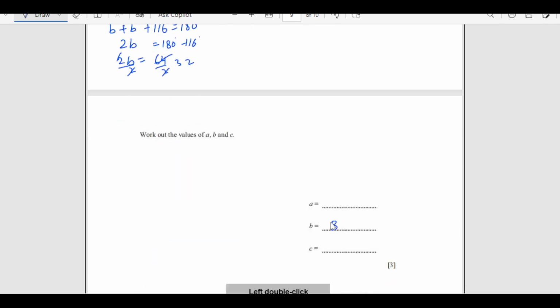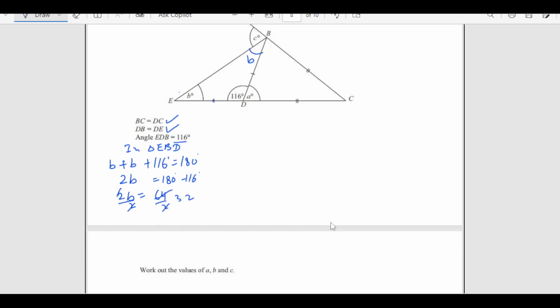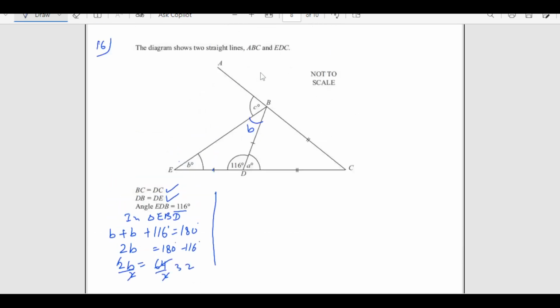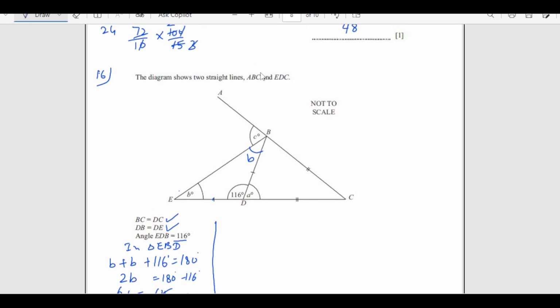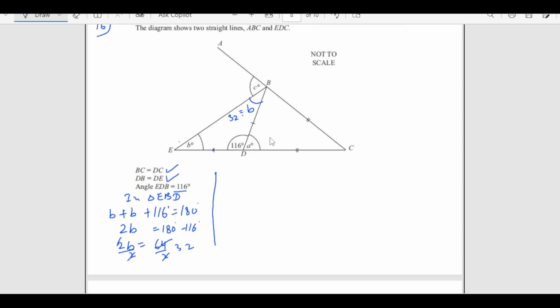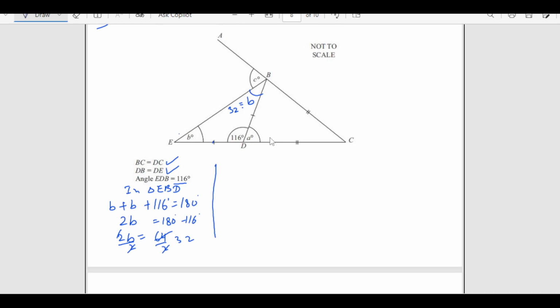So I will write down here 32. Now we are looking for other angles. B we got as 32, so this angle is now 32. We are looking for the other angles, that is A and C. Here A can be easily found. Let me show you.